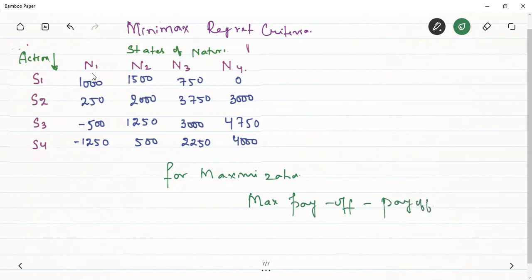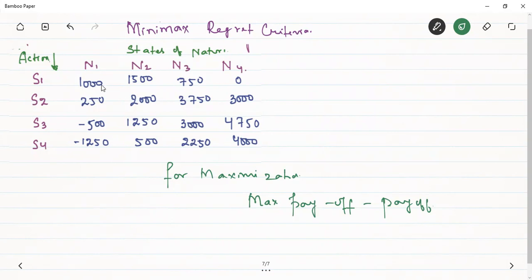Here the state of nature column is this N1. We can see that the elements are 1000, 250, minus 500 and minus 1250. From here, first of all, we have to select the maximum payoff in a particular state of nature. Now we are considering the first state of nature, the maximum is 1000. From this 1000, we have to subtract each payoff.